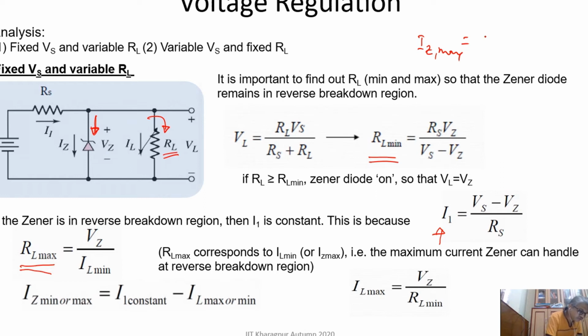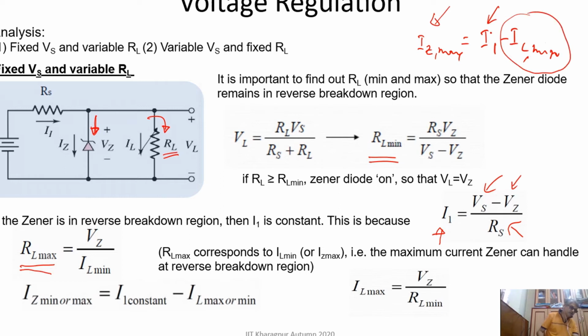So IZ max we can write as I1 minus IL min, right? Because the IL min is associated with RL max. We know I1 because we know all these values, and we know IZ max from the specification sheet, and from there we can find IL min.